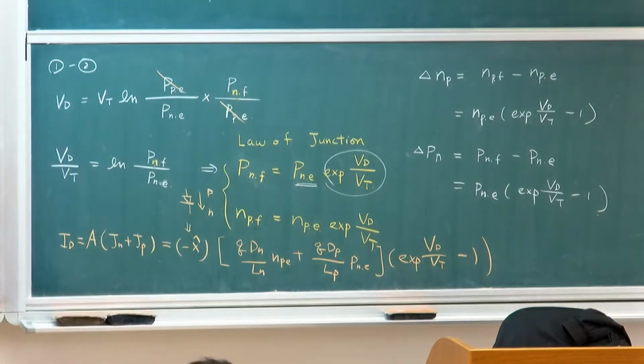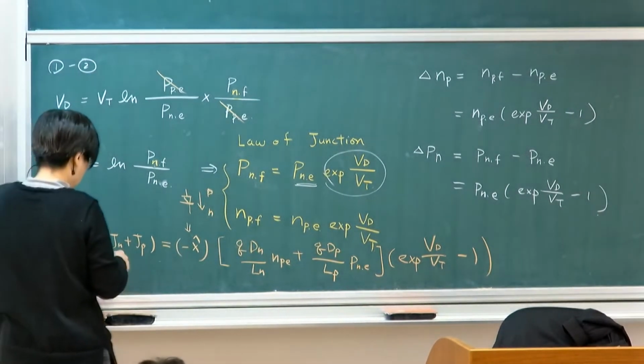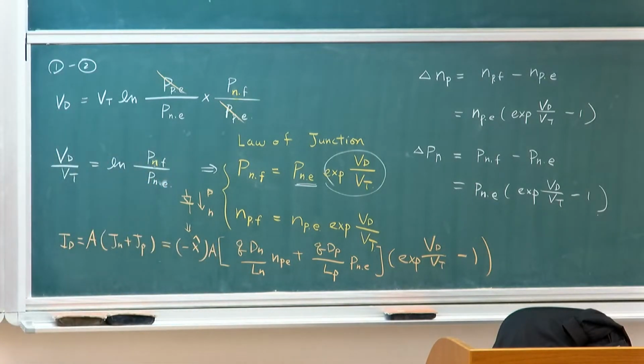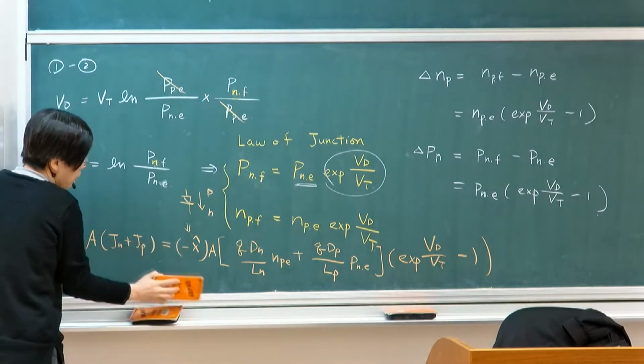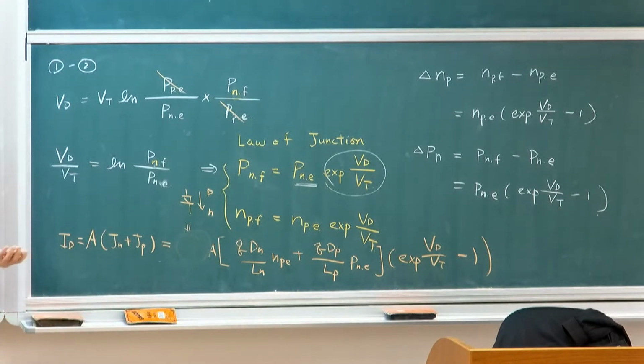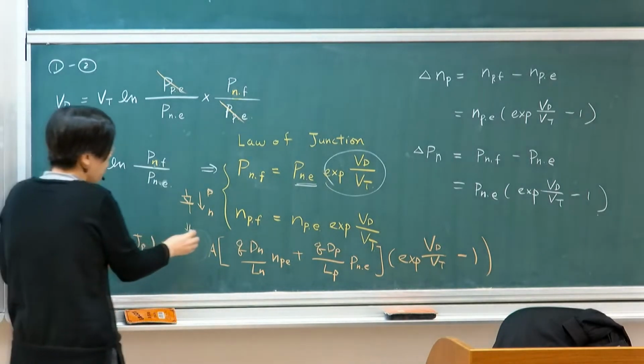Okay? So there will be an A, sorry. If I'm defining this direction, I'm just going to get rid of this minus sign. So your total current will then depend on all this.